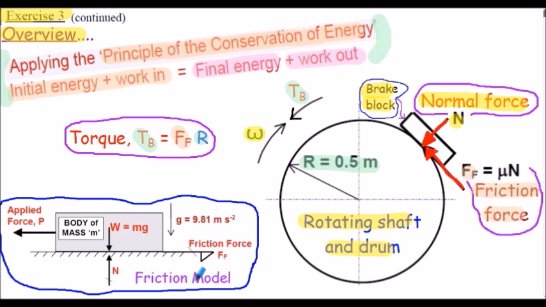From a previous presentation, we considered a very simple frictional model that allows us to calculate the frictional force Ff. So now, having calculated the frictional force from our torque equation here, knowing the coefficient of friction stated in the question, we can finally determine the normal force N applied to our brake block. I would now encourage you to stop the presentation and attempt this question, but the full worked solution will be shown on the following slides.